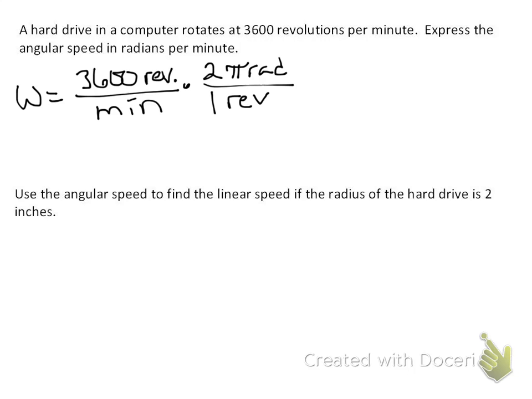So technically we've multiplied by 1, so we haven't really changed the value. But again, one more time, our revolutions cancel, and we're left with 7,200 pi radians per minute. Questions so far?